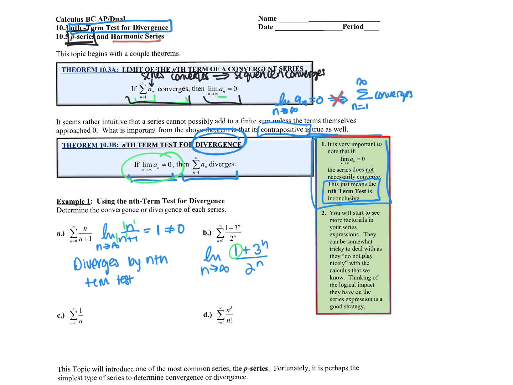So 3 to the n is going to grow much faster, and so this will go to infinity because the top will be growing much faster than the bottom. And is infinity 0? No. And so if the limit is not equal to 0, then the series diverges.